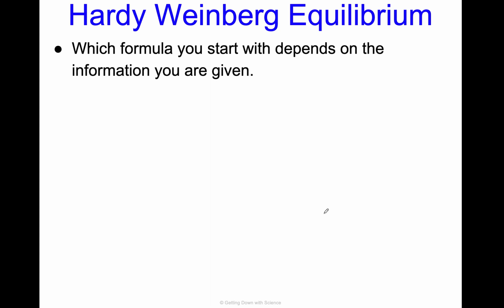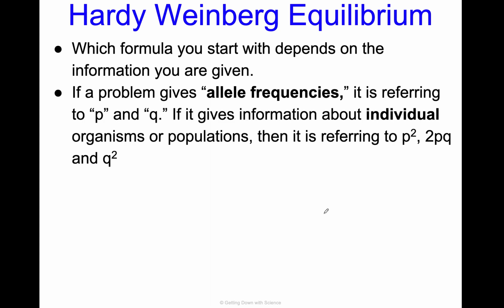Love it. Okay, so here's how we work with it. Which formula you start with depends on the information that you're given. If a problem gives allele frequencies, then we're referring to P and Q. If it talks about an individual organism or the population as a whole, we're looking at P squared, 2PQ, and Q squared.